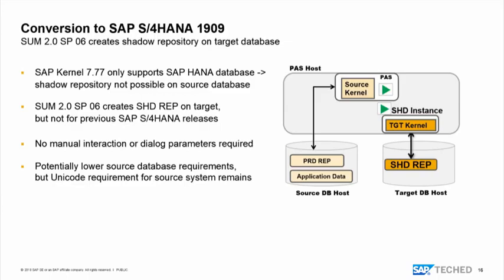Now, with the same source database, Oracle 11.1 is fine. We do not create the shadow repository on there. You can start from Oracle 11 to target 1909. You do not have to create table spaces on the source database. Some advantages, that's why I tell you.